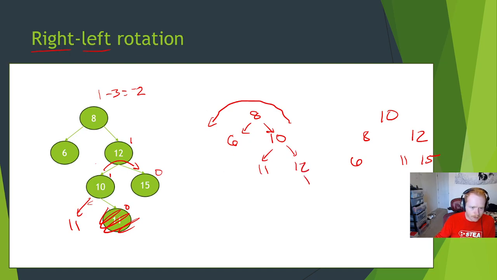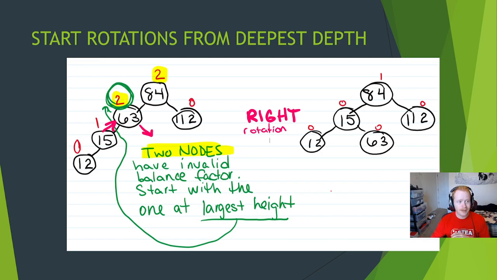We would have a 12, a 15. We need to rotate again, right? Because if we move 10 up, then 11 would attach to 12. I don't know why I went down this rabbit hole.